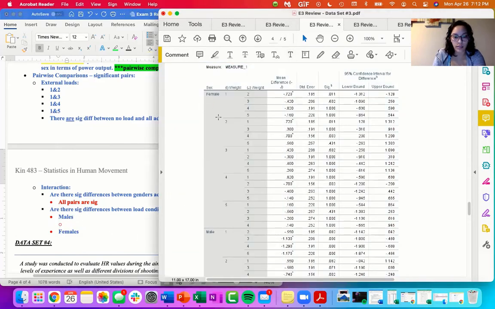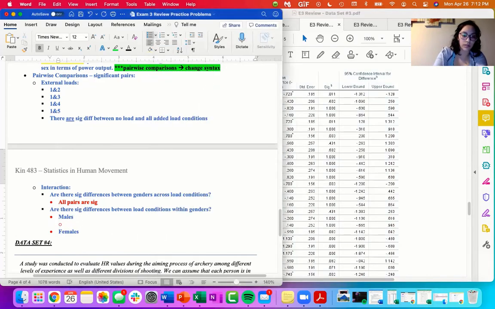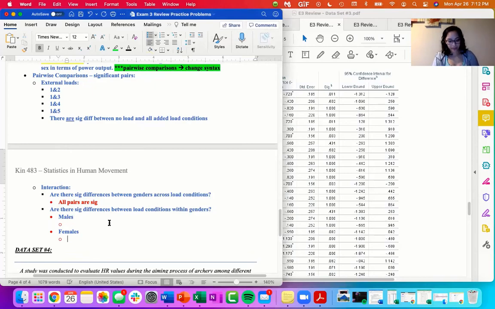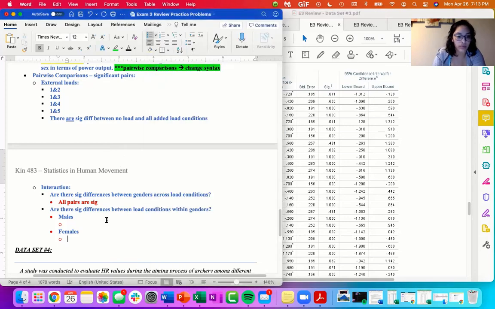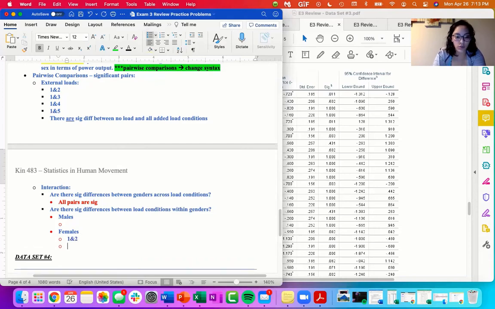They actually do females first, so we'll do those first too. It looks like for females, we have a significant difference between no weight and an added 5 weight, or you can just put 1 and 2.